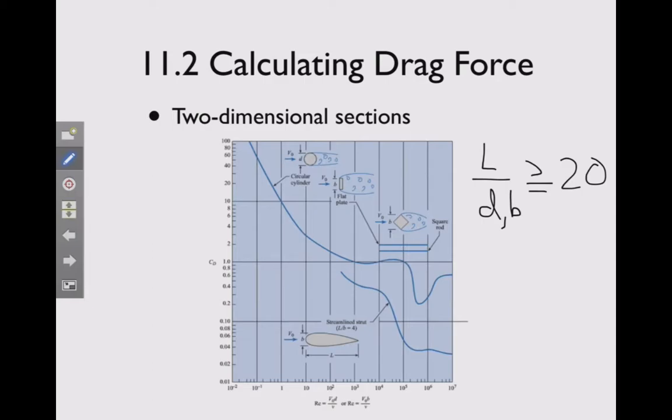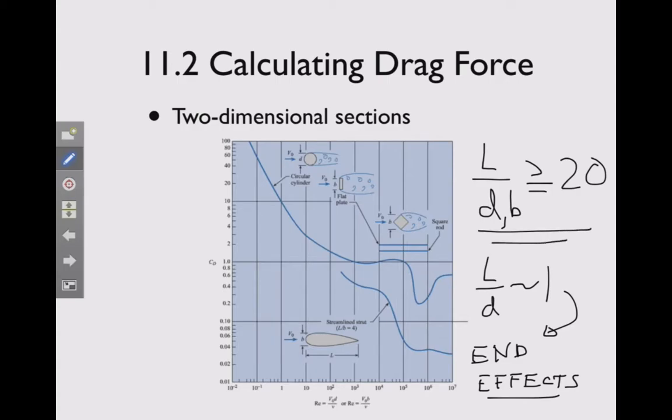So when we have something like a cylinder where L over D is comparable to 1, this is going to give us edge effects, or what I would call end effects. So the drag is going to be affected by the flow around the ends. But when we have this situation with L over the dimension being greater than or equal to 20, we don't have to worry about that. The object is, for all intents and purposes, infinitely long.